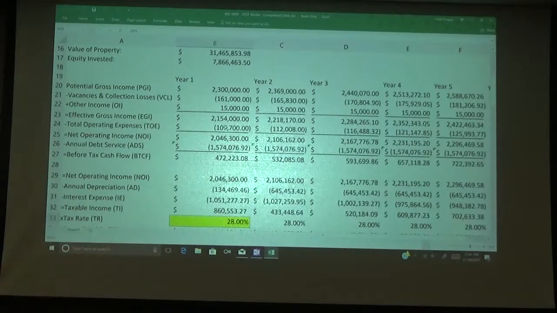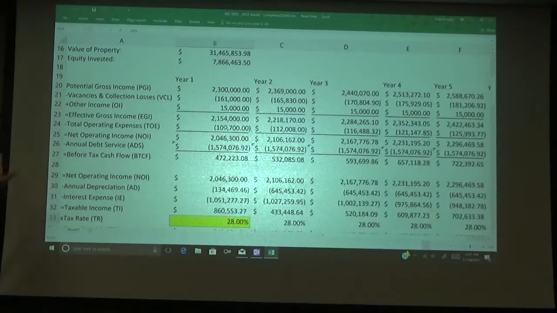That's not an absolute. In fact, it probably is not even going to be accurate, because if it's the first year you own the property and you're going through lease up, that first year you're probably going to have a much higher vacancy and collection loss than in the subsequent years. But that's a decision you've got to make up front, or you can actually go back and change it from one year to the next, okay? And that may actually be one of the things we've got to do here in a little bit, okay?